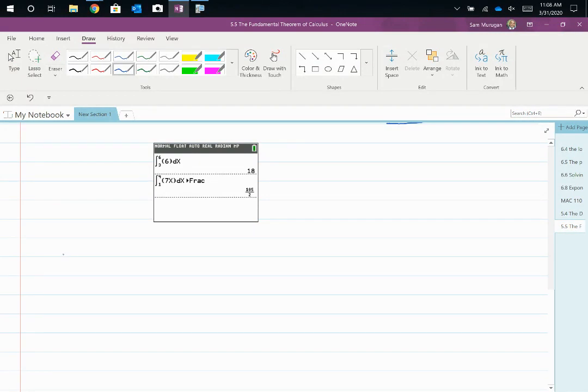So we've got question 3. The integral between 1 and 5 of 8 over x, which is 8 times the integral of 1 over x.